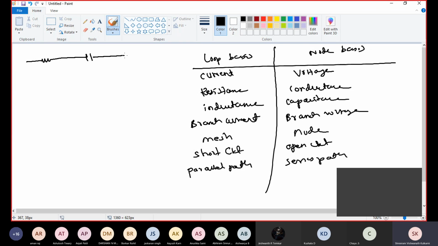Capacitor is there, then resistance, here a voltage source, and inductance: R1, C, L, R2, then phi. This is the network given. We have to draw a dual of this network.